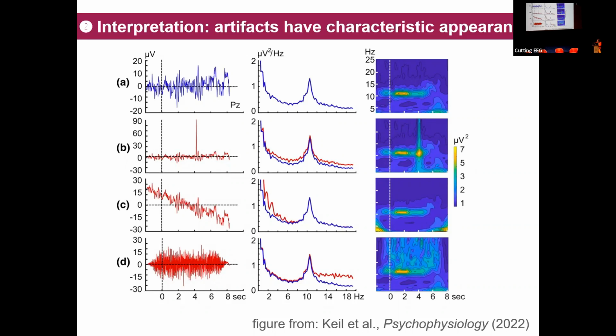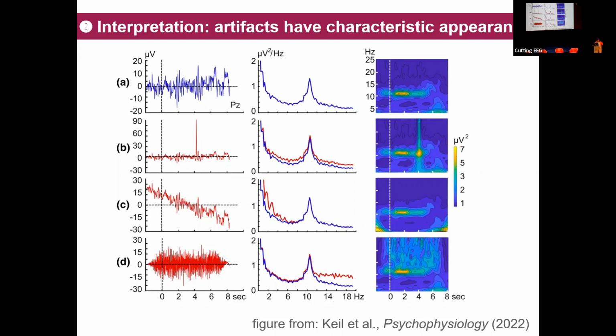They could be slow drifts, and slow drifts would show up like this in your time frequency representation. So increased power in the lowest frequency bands. And muscle noise would show up as increased power in the higher frequency ranges. So don't misinterpret that as gamma oscillations or gamma rhythms.